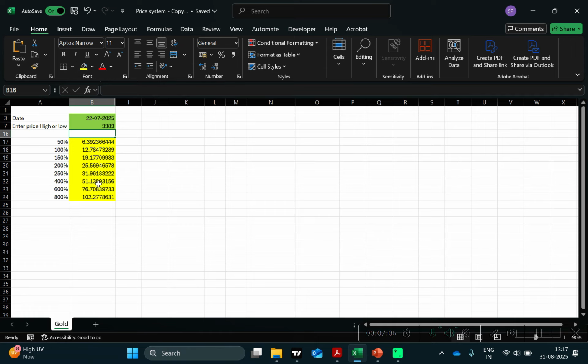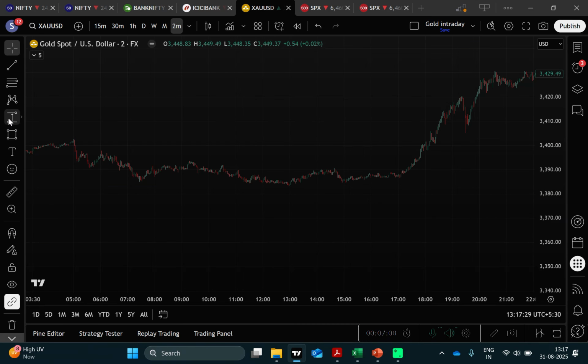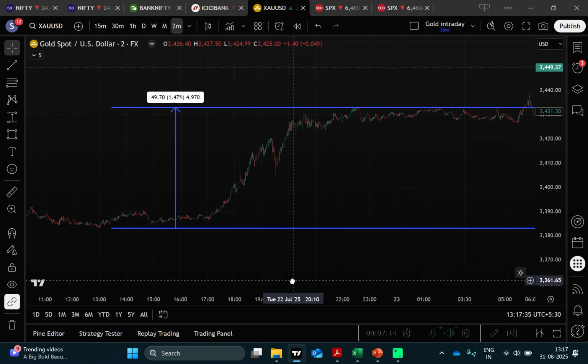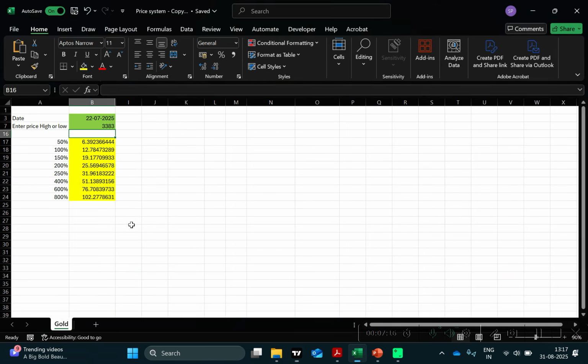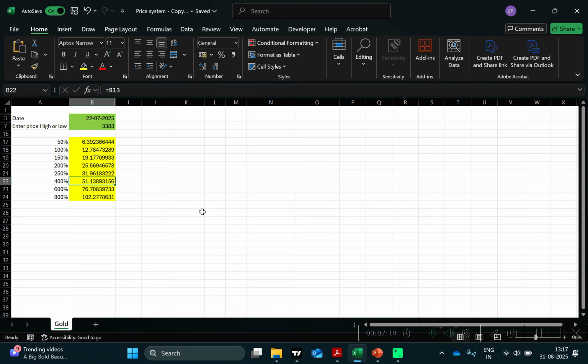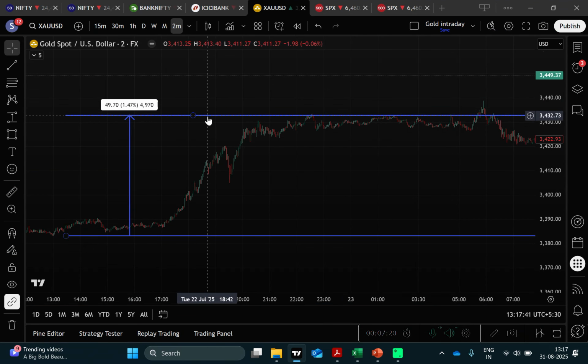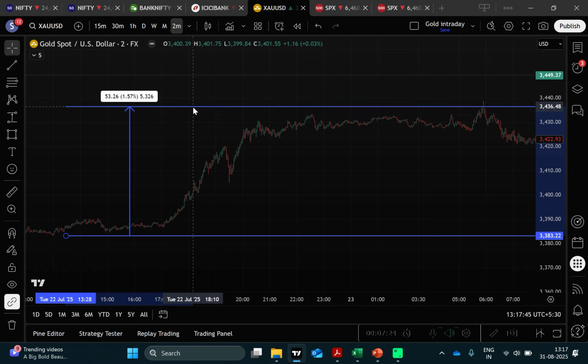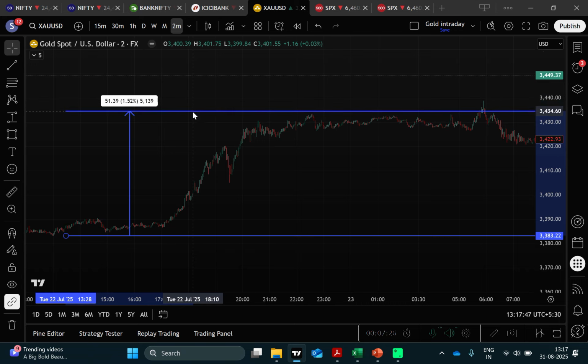So we are getting similar ranges: 19, 25, 32, and then 51 is 400%. So 51 is here.